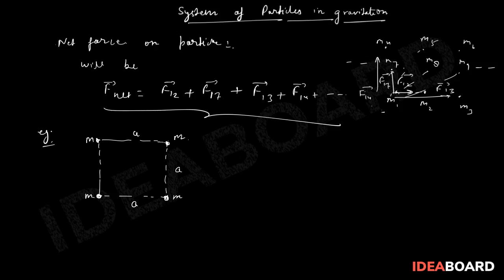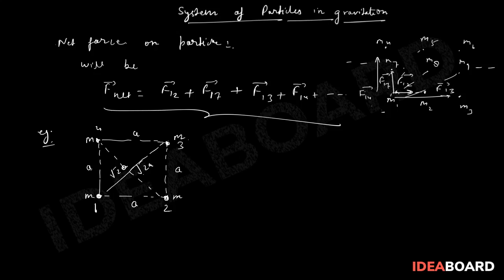All are equidistant except 1 and 3. Let's say this is particle 1, 2, 3 and 4. The diagonal distance can be written as root 2 a, because this is a, this is a, so this is root 2 a, and obviously this one is also root 2 a.